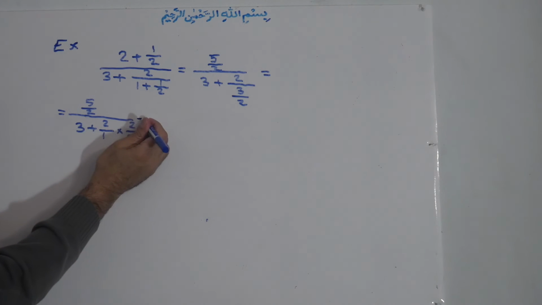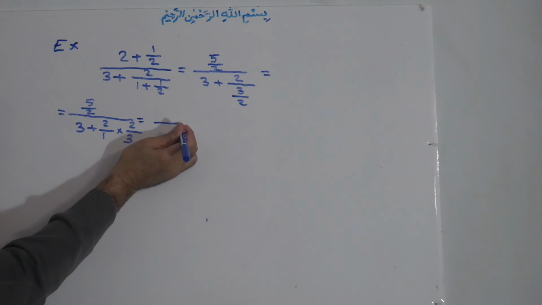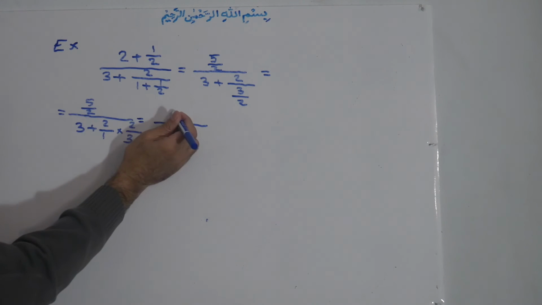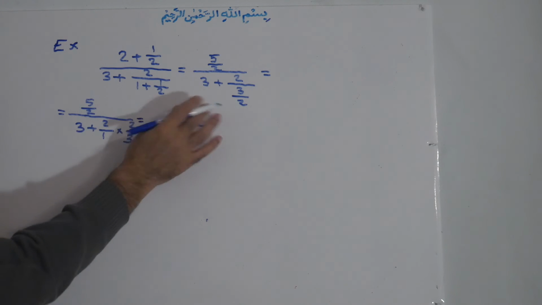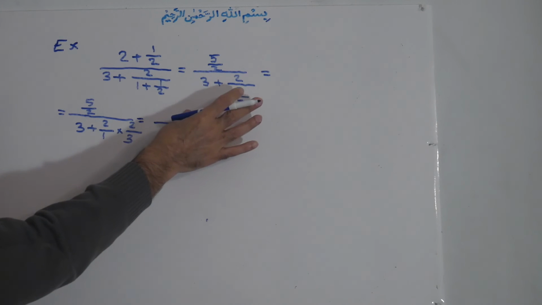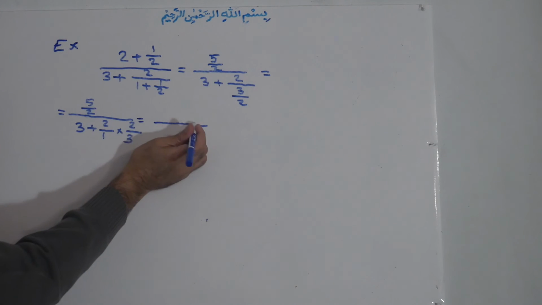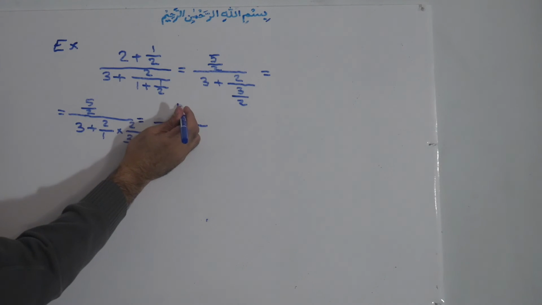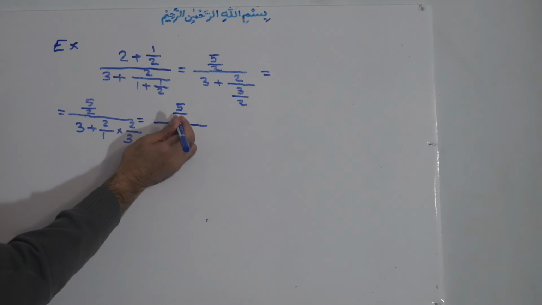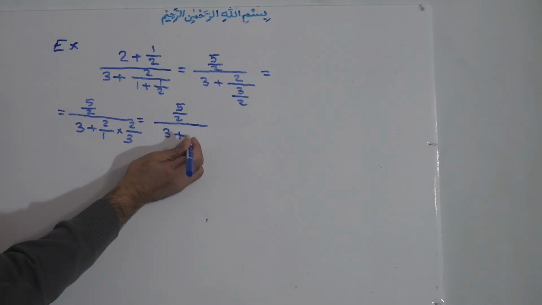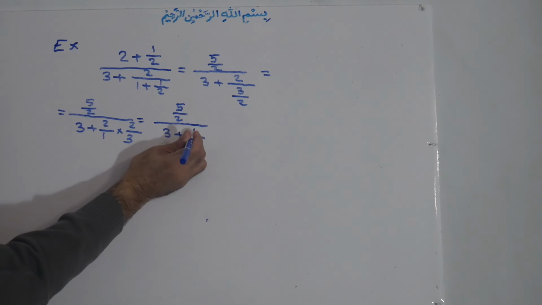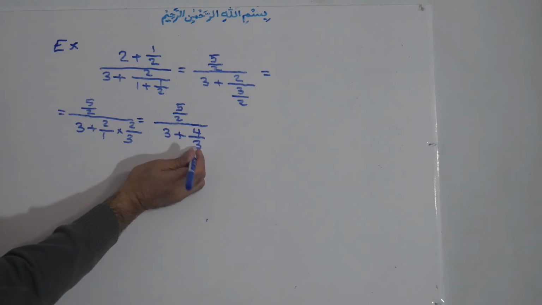Is equal to 5 over 2 over 3 plus 2 times 2 is 4 over 1 times 3, 3.